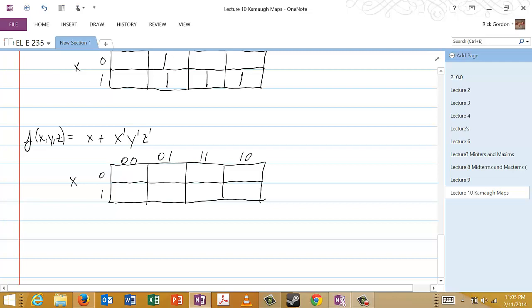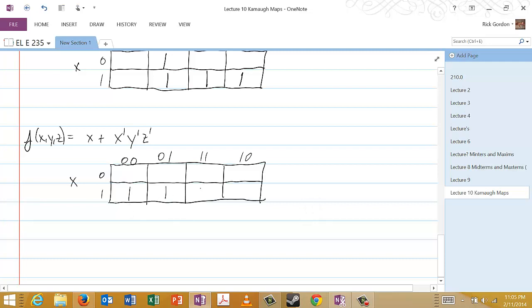For this to be equal to 1, all we require is that x is equal to 1. So anywhere in the Karnaugh map that x is equal to 1 should get a 1, because if x is equal to 1, then j is equal to 1. In other words, x is an implicant of j, and therefore wherever x is equal to 1, j must be 1.